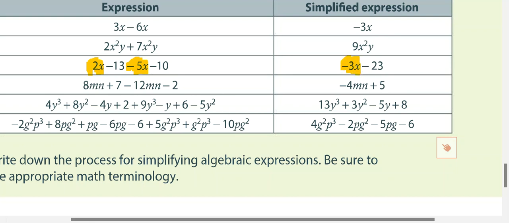You take negative 13 and you take negative 10 and you get negative 23, because terms are separated by subtracting and adding. So all 4 of those are different terms, but because those have the same amount of x, they can interact and simplify the expression.